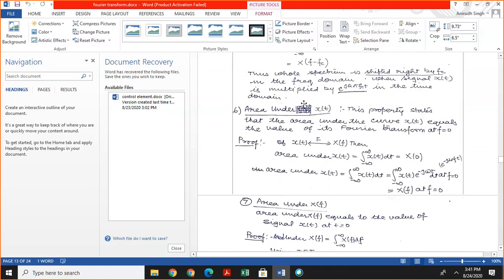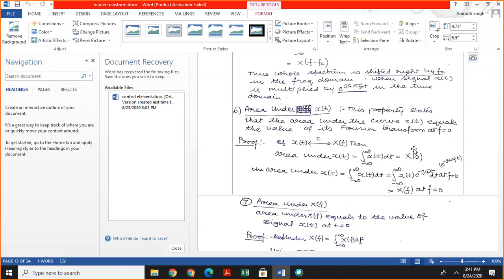Next property, area under x of t. This property states that the area under the curve x of t is equal to the value of its Fourier transform at f equal to 0. If we want to find the area of x of t, then calculate the Fourier transform of x of t and substitute f equal to 0 in that Fourier transform.